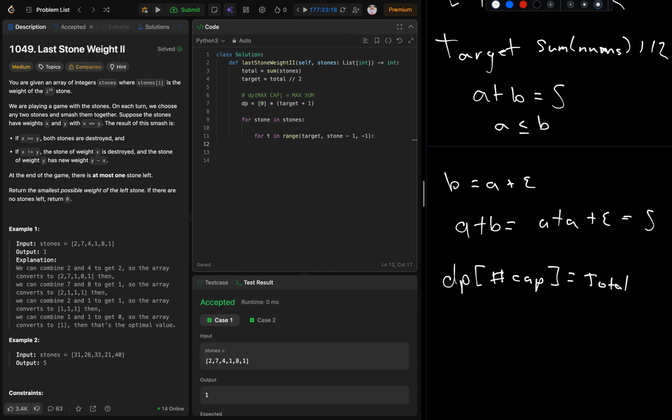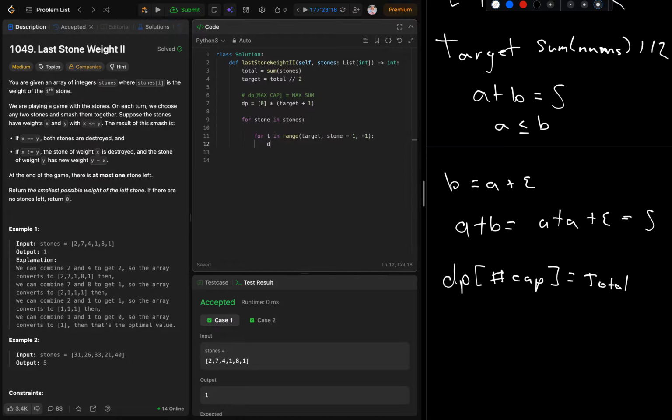I mean, you don't have to do it. It's just for indexing. It makes indexing so much easier.